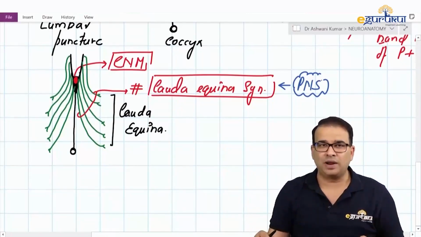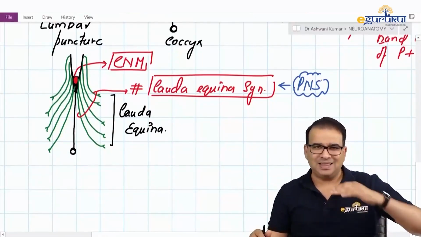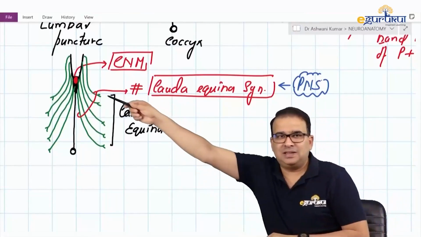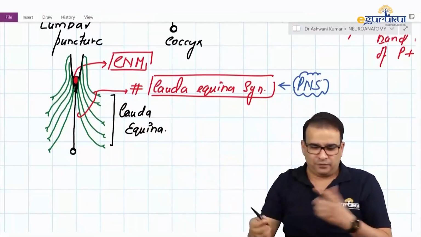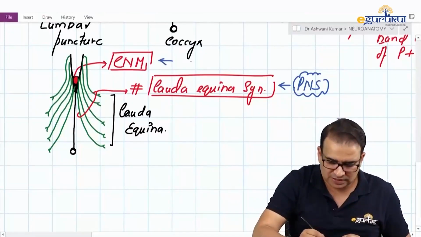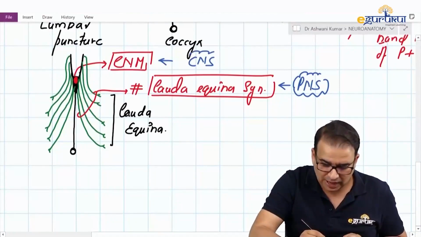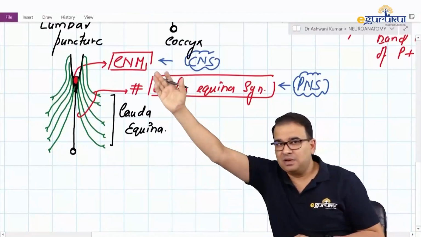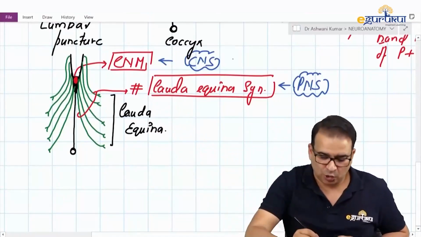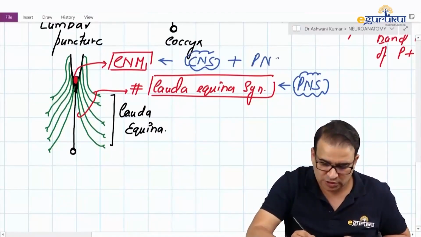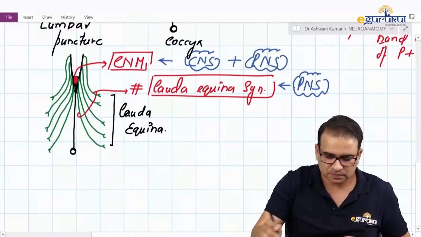The nerves only, it's cauda. But when you look at the injury at the level of conus medullaris, let's say if the injury is at this level, obviously, first of all, it is a type of injury to what? CNS. It's an injury to the spinal cord directly, so we have injury to CNS. And on the side, you can see some nerves are coming out and down. So this will also show some features of injury to the PNS, peripheral nervous system.